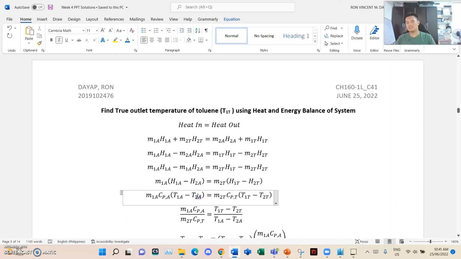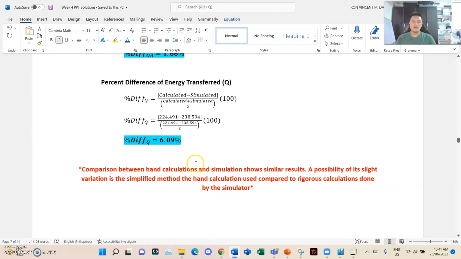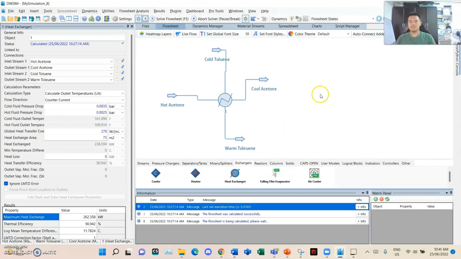However, normally in real systems, this equation is not really applicable because it is assumed in an ideal case. So that's why maybe the reason for the slight variation is that what I did in the hand calculations is simplified and easy to understand for lecture's sake, but the simulator is more rigorous and more calculative.